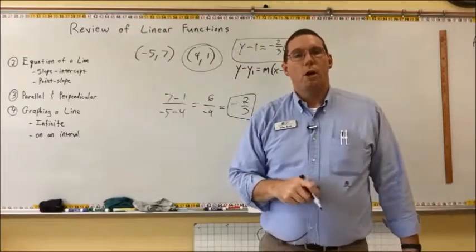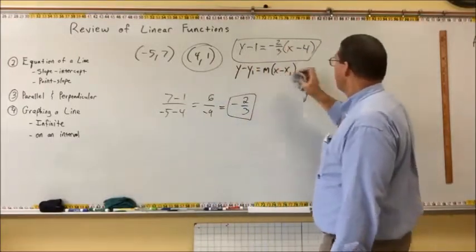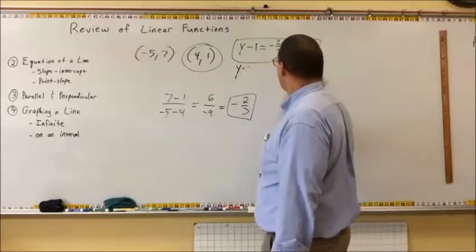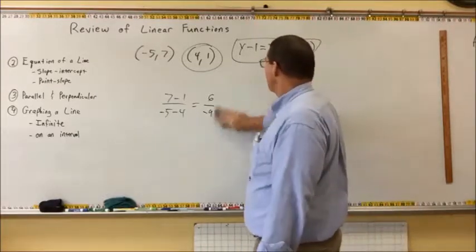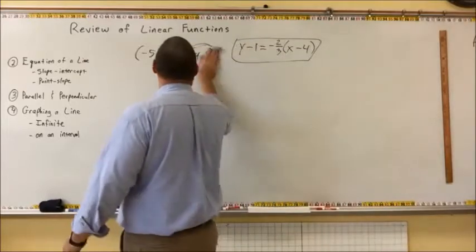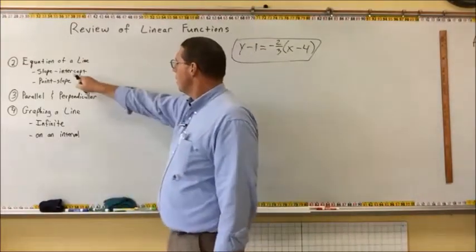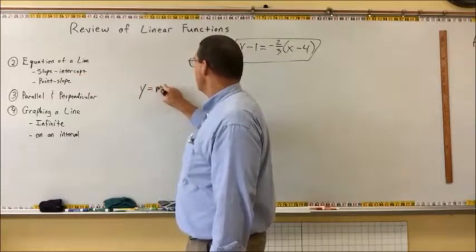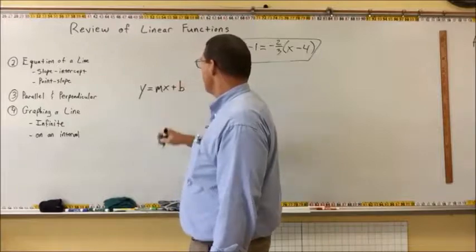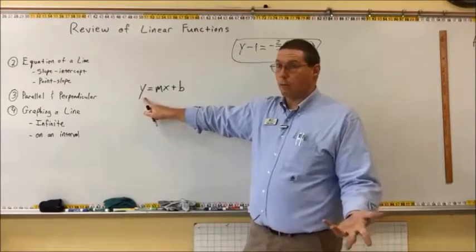Okay? All right, now what I'd like to do is take this line right here, y minus 1 equals negative 2/3 times x minus 4, and write that in slope-intercept form. So slope-intercept form, you probably know that one, is y equals mx plus b, where the y is just a y, we're not going to put a number in there.